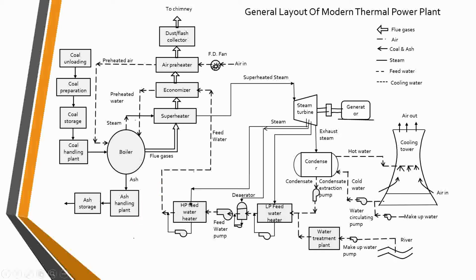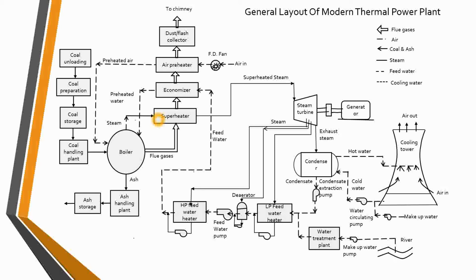Then at the end of the boiler stage, we get wet steam. This wet steam is passed through the superheater. The superheater will increase the temperature of the steam up to superheating temperature. It will increase the energy of the steam.